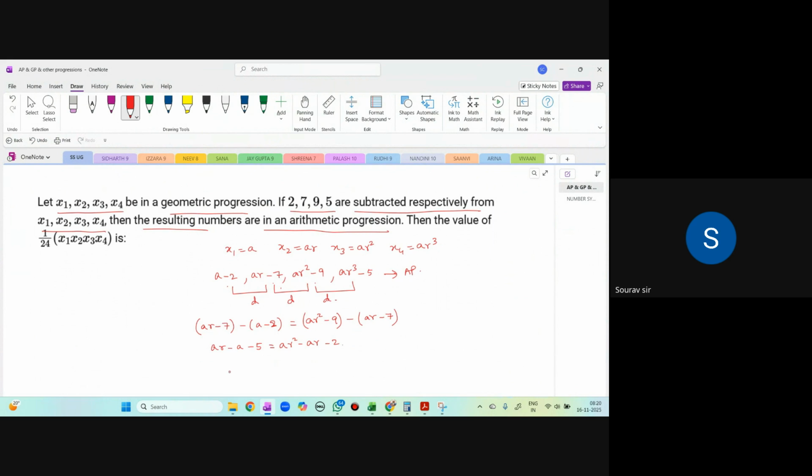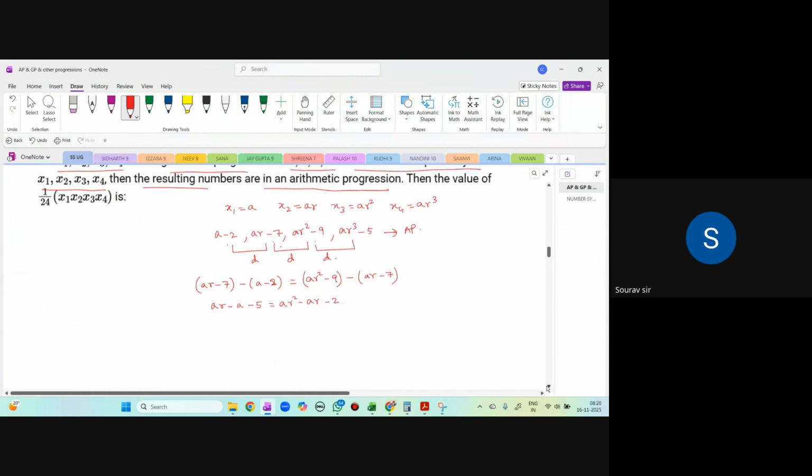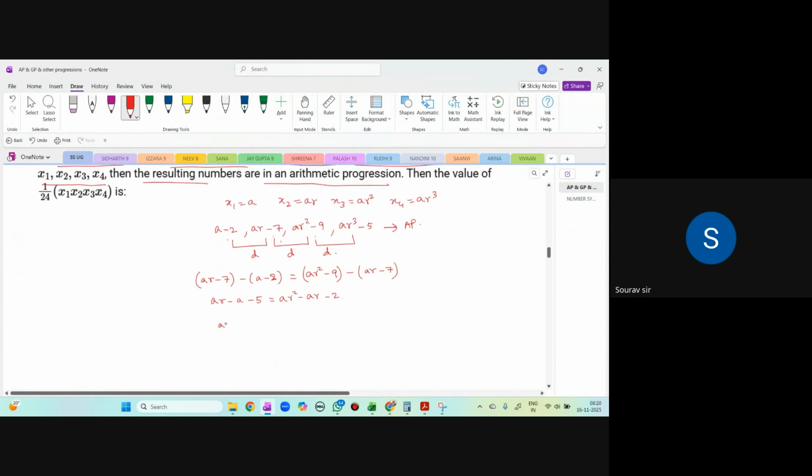So you can simplify this, you get ar square minus 2ar plus a plus 3 equal to 6. Right? So this is one equation. Clear? Understood, everyone?